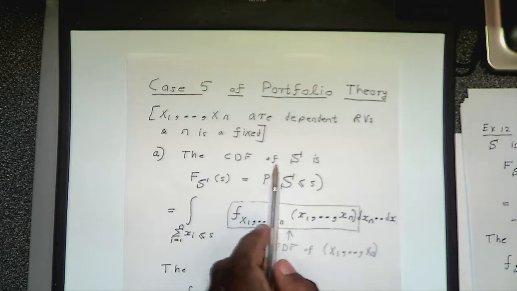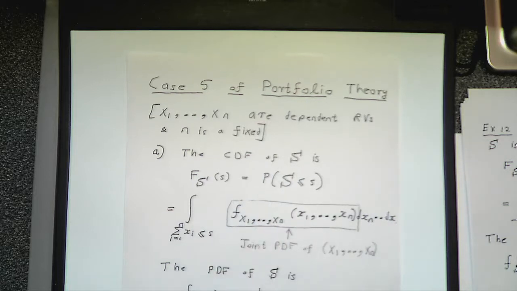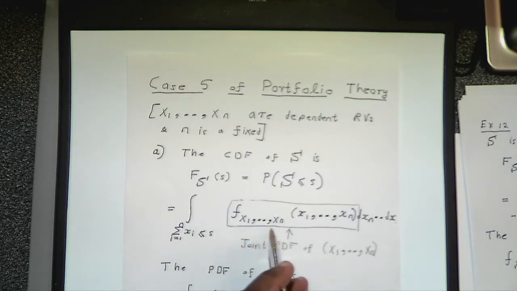The CDF of S is given by this. Once again, I don't expect you to know how to derive this, but you should know how to apply this if I give you an example, right? So this is the CDF of the total portfolio loss, and this is the PDF of the total portfolio loss. Okay, case 5.